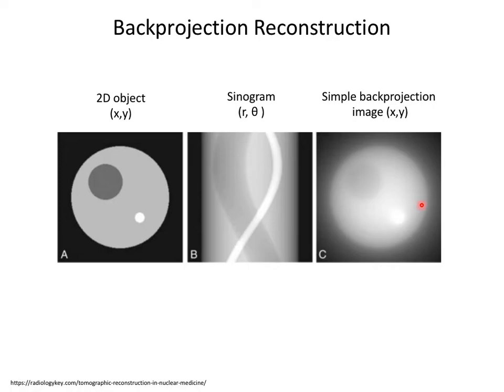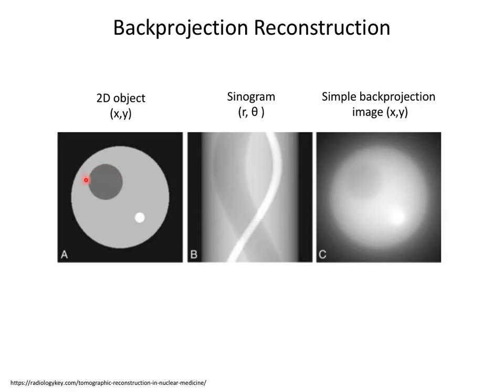So this is a poor representation of this object, right? Something was lost by doing this simple back projection. What was lost is basically that this object gets blurred extensively. So this, which should be a nice sharp edge, turns into this really rolling off edge.